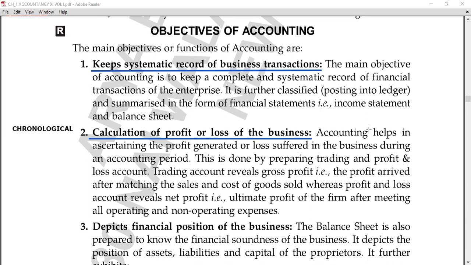Put a full stop and further continue. For this purpose, a statement known as trading and profit and loss account is prepared.